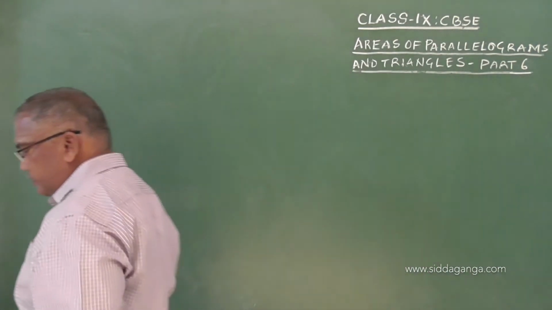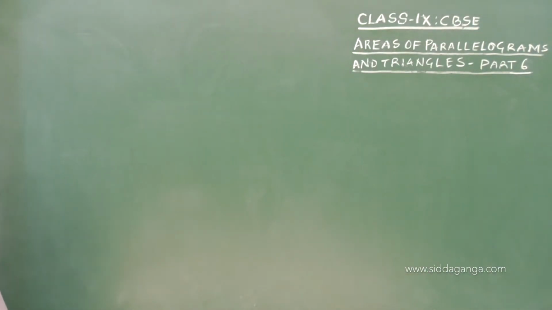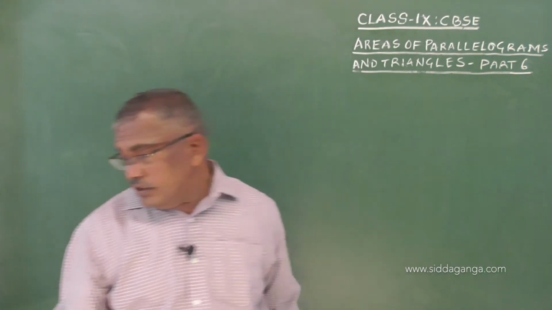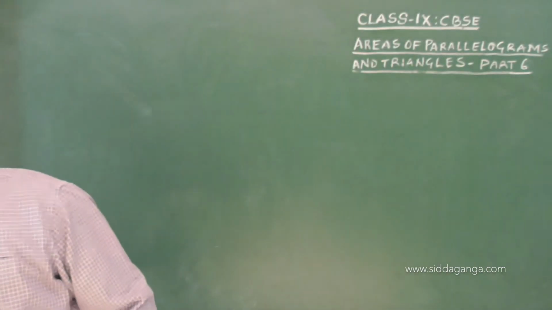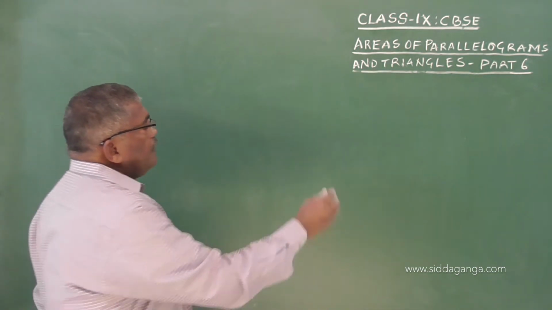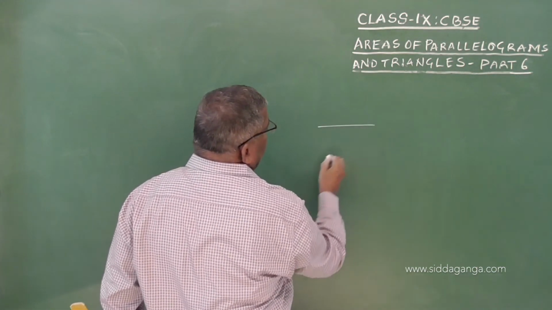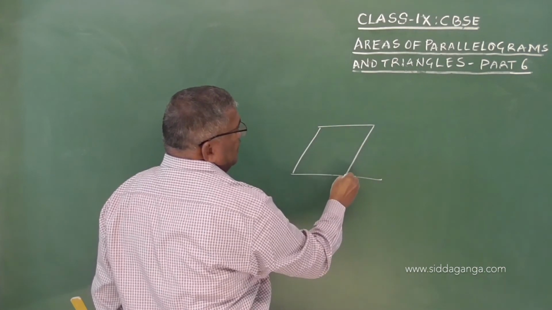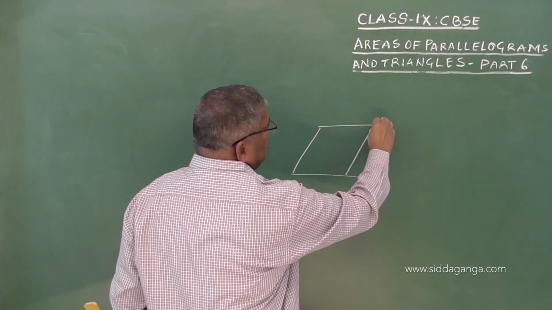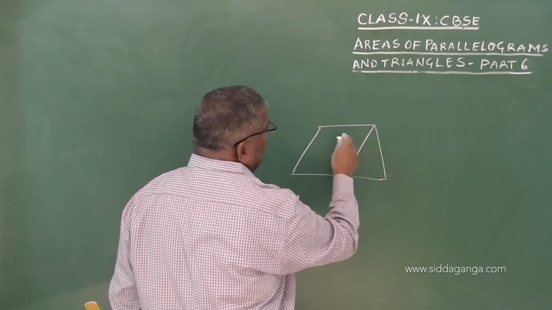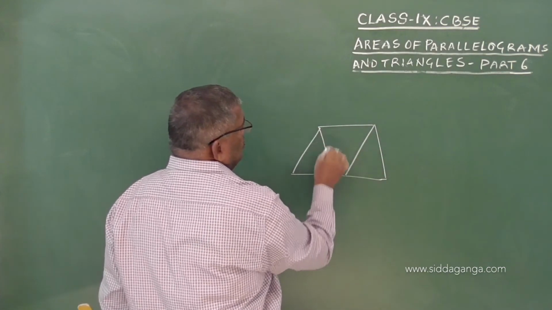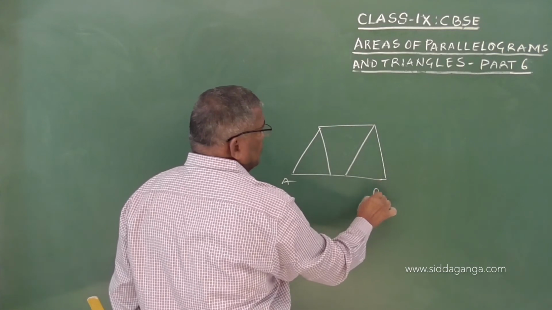Now, we move on to the next topic: triangles on the same base and between two parallel lines. So far, we have discussed what will happen between two parallel lines. If a pair of parallelograms are there, suppose like this is one parallelogram and this is another parallelogram, this is ABCD, let us say.